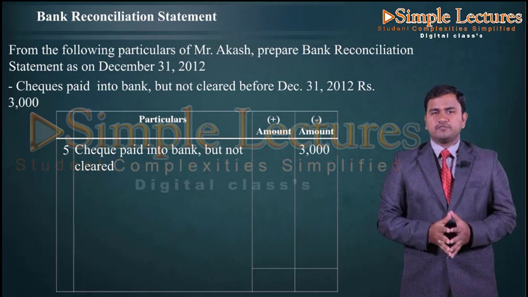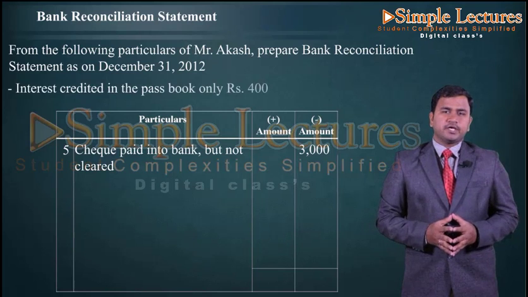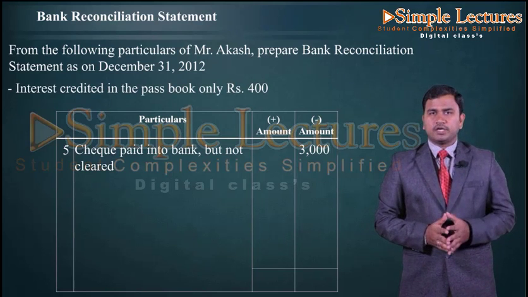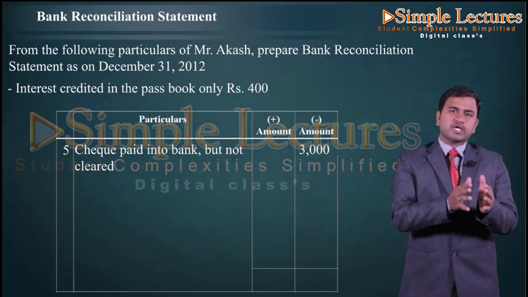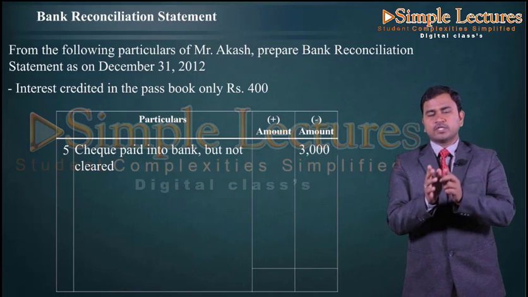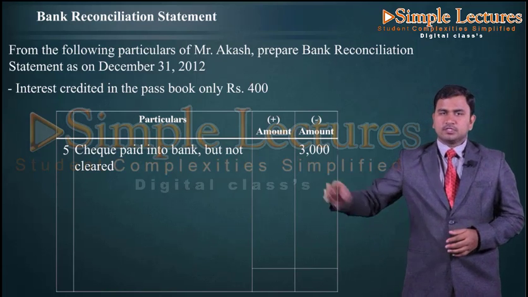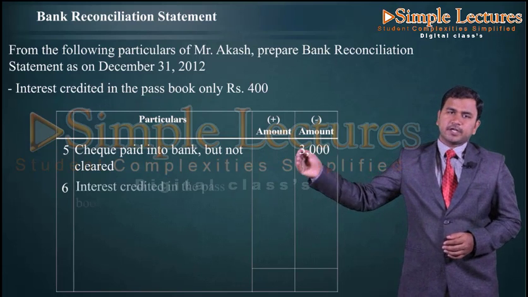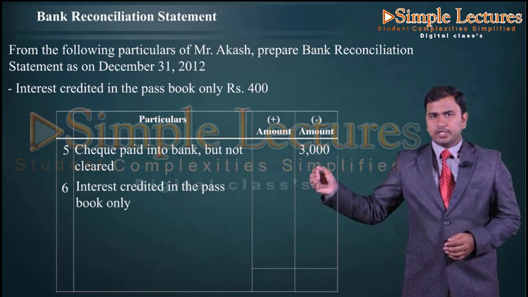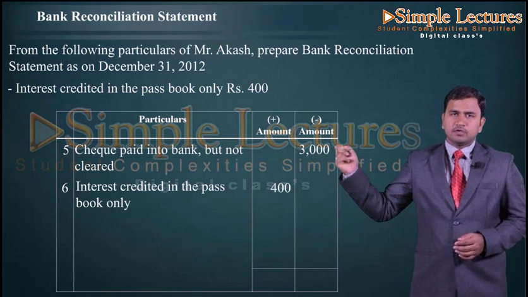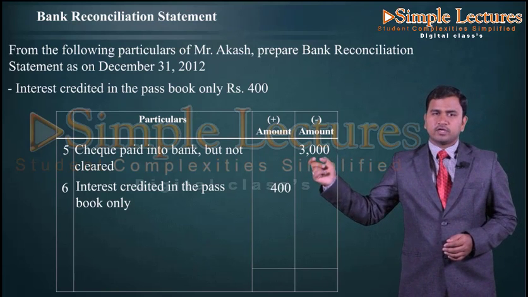The next thing we have is interest credited in passbook only, 400. Credited in the sense it was added to the passbook, but the same was not added in the cash book. So, serial number 6, interest credited in the passbook only. So, in the positive amount column 400 we are going to add 400 here.